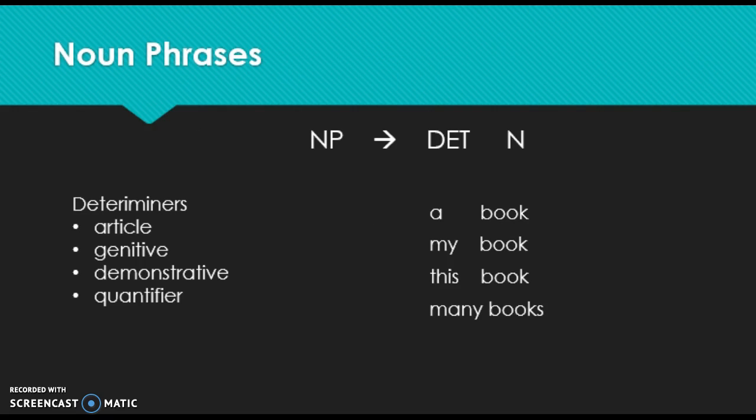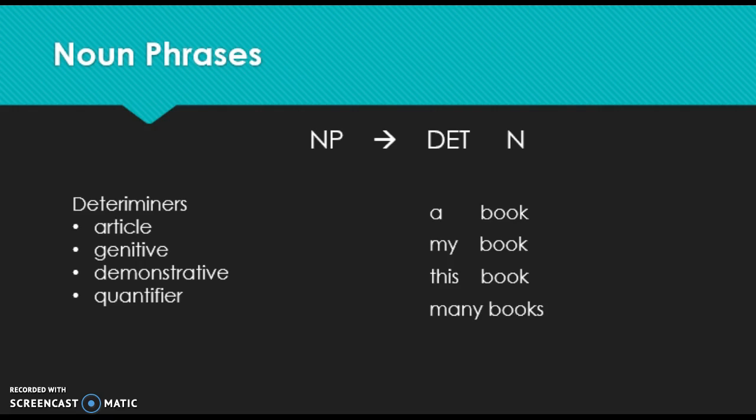So we have this pattern, determiner plus noun, that has the same shape, even though there are different sets of words called articles, genitives, demonstratives, and quantifiers. They all kind of do the same thing in the sentence structure inside the noun phrase.